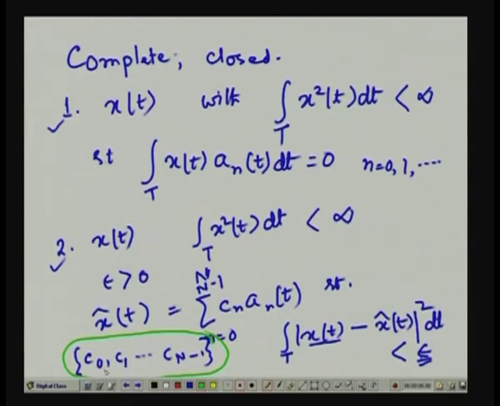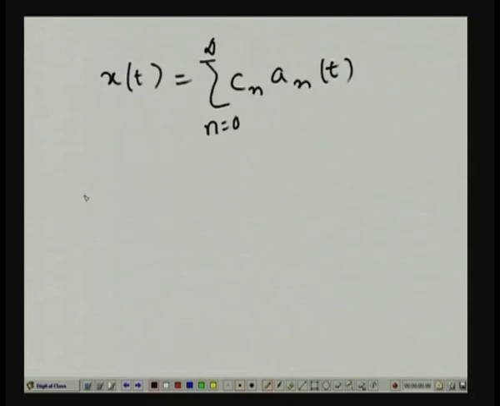So, from this discussion, what we have seen is that an arbitrary continuous signal x(t) can be represented by the series summation of a set of orthogonal basis functions, and this series expansion is given as x(t) equal to summation of c_n a_n(t), where n varies from 0 to infinity if I go for infinite expansion, or this can also be represented, as we have seen, by a finite series expansion.